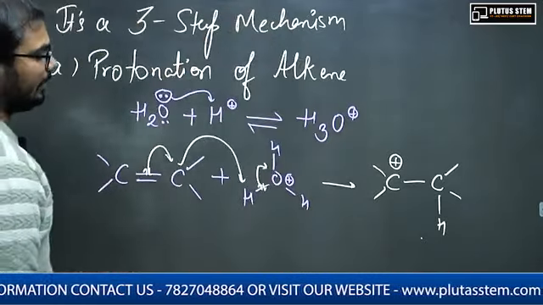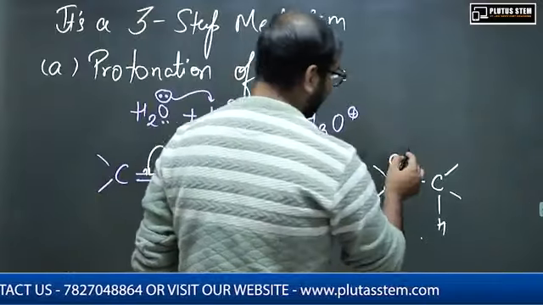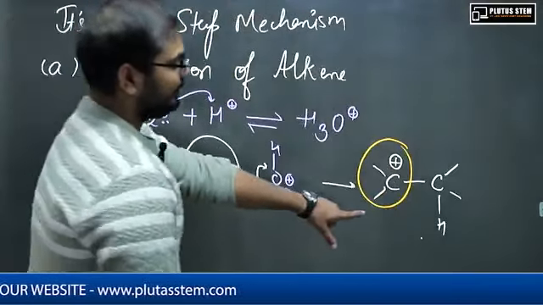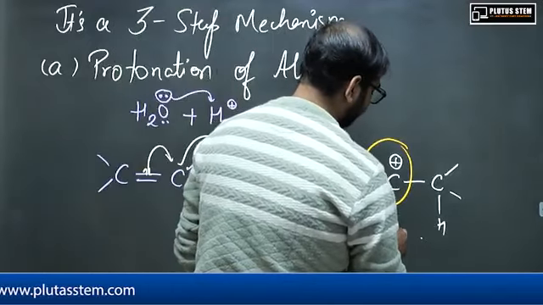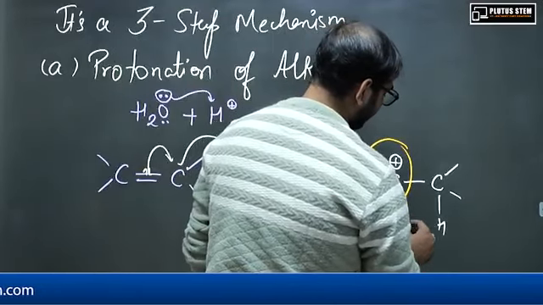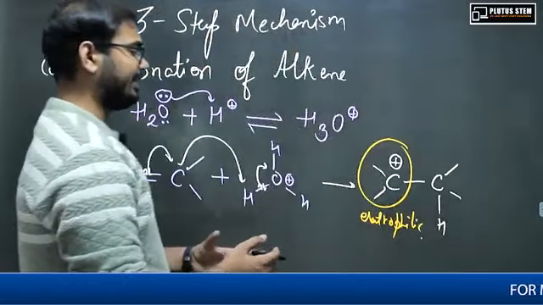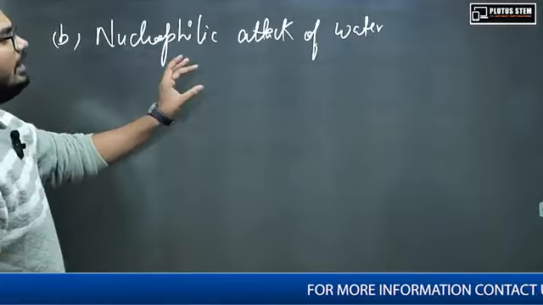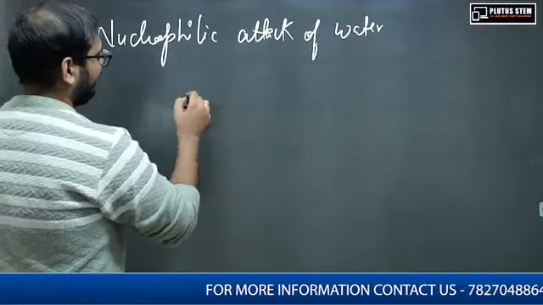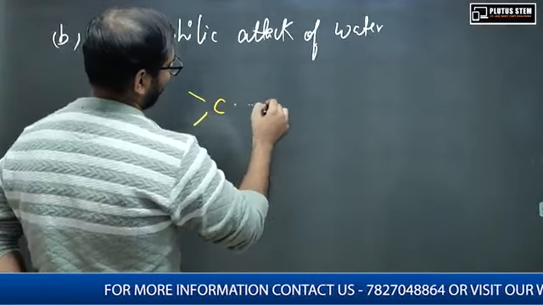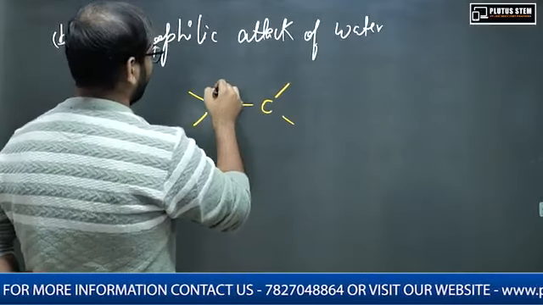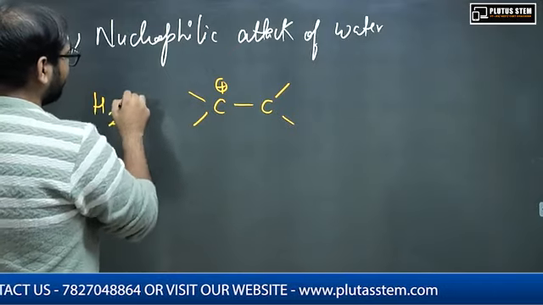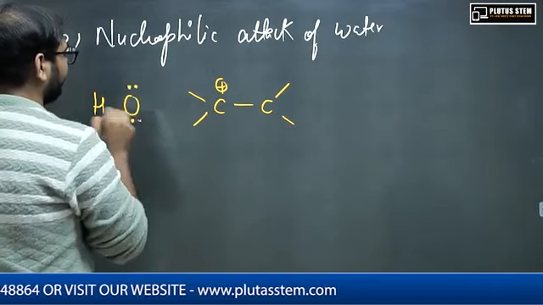Now, after this part, this carbocation is a highly reactive species. So now, this will be our new electrophilic center. So for the second step, we will go for the nucleophilic attack of water. Like any other electrophilic species, we have a carbocation right here, and we have our water molecule, which can again act as a nucleophilic center.